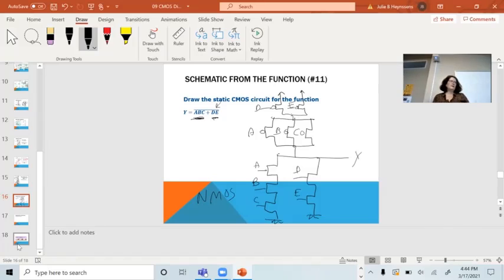Pretty much any function I have, I can build a custom standard CMOS. The way we did it when we built our library is we built an inverter. We built a 2 input NAND gate and went all the way up to a 10 input NAND gate because that was the biggest NAND gate we could do and still meet our current specifications for having the correct power out and having the drive capabilities.